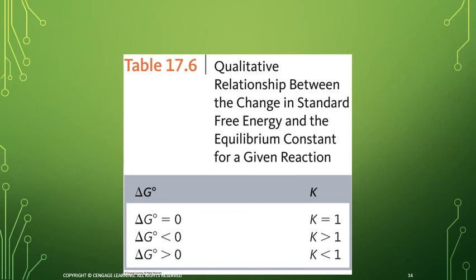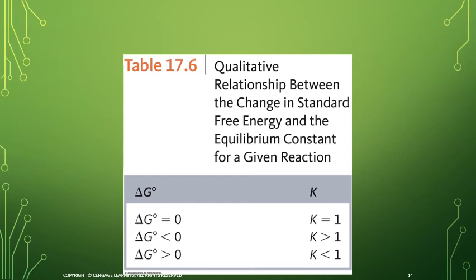So if my delta G naught is 0, then my K value would equal 1. So ln of 1 would be 0, 0 times the RT. There you go. If my delta G naught is less than 0, I have that spontaneous process, thermodynamically favorable in the forward direction. That means that my K value would have to be greater than 1 because I'd have more products found at equilibrium compared to reactants.